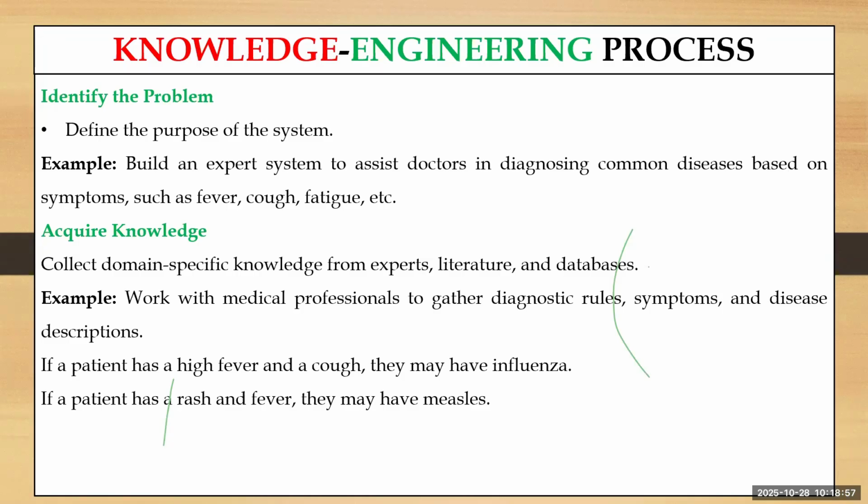My purpose is it should give a diagnosis, meaning which disease the patient has based upon the symptoms. For that, what type of knowledge do we want? We need the different types of symptoms, the different diseases, and then the different treatments available. So everything, the knowledge, we have to gain.